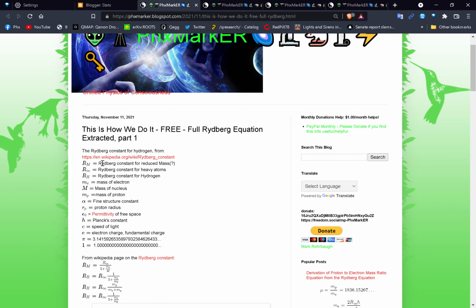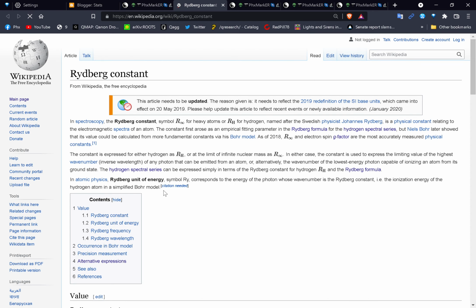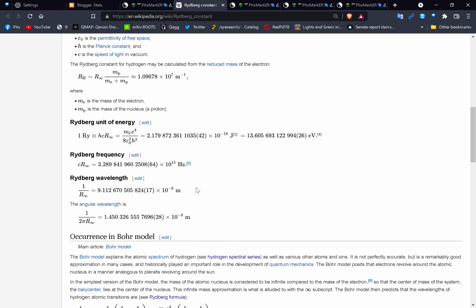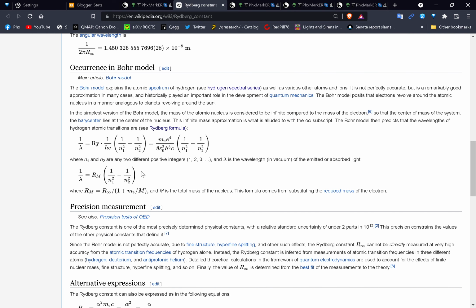Basically, I just went through this equation right out of the Wikipedia mainstream for the Rydberg constant for different nuclei. So anyways, I'm just dealing with the proton and single proton hydrogen.